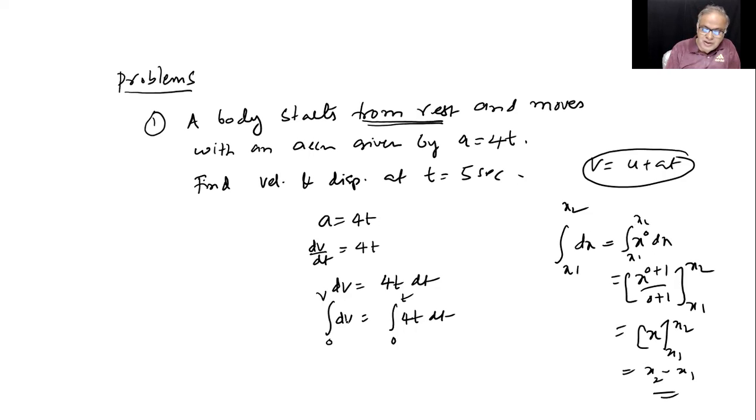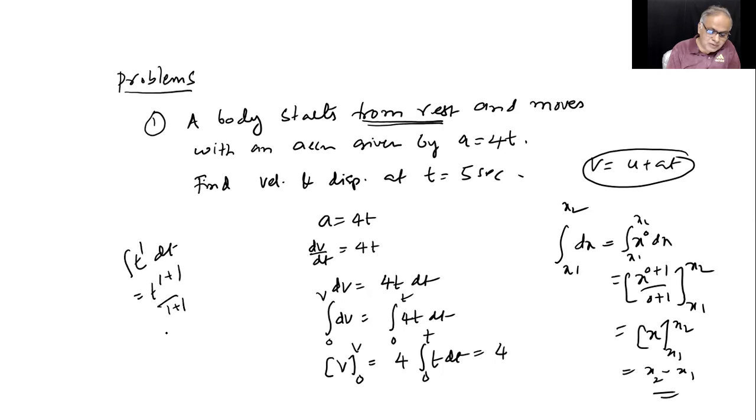So integral dv means what? Shall I write simply v between, because you know x we showed, no? Integral dx is x, means integral dv is v between 0 and some unknown v. 4 is a number, it comes out. Integral t dt will be what? t to the power 1 dt. This is t to the power 1 plus 1 by 1 plus 1, which is t square by 2.